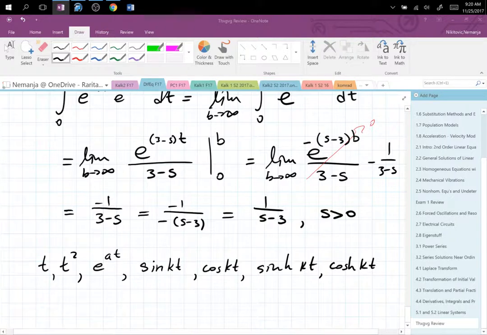So these are the candidates, and let me just take a look at the chart and see if I missed anything. Now the chart, yeah, good. Yeah, that's it.